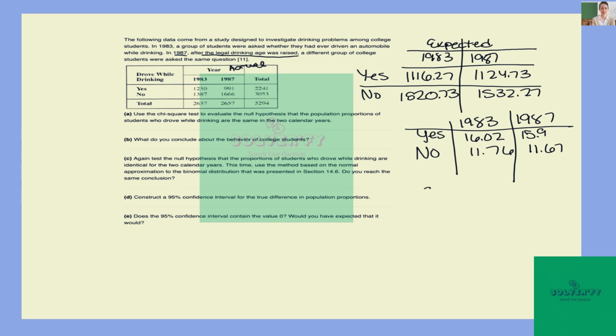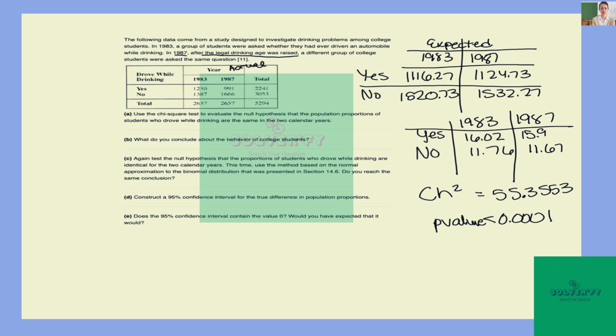So my chi-square is equal to 55.3553. And my p-value is less than 0.0001.